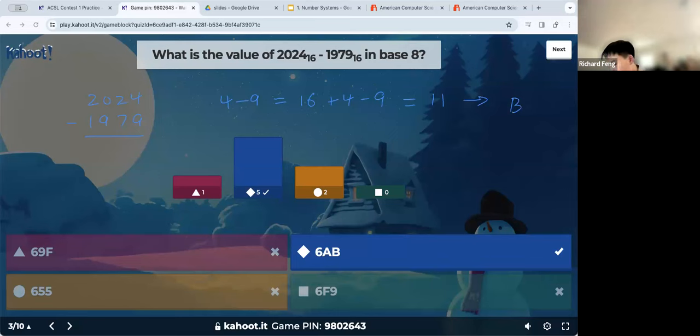And then, we used up this digit, so it now becomes 1. So we do 1 minus 7. Same thing, we have to carry over. And we just add 16, which gives 10, and this is A. So now 0, if we subtract from that, it basically becomes F. And then this becomes 1.